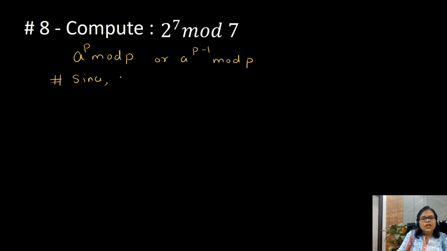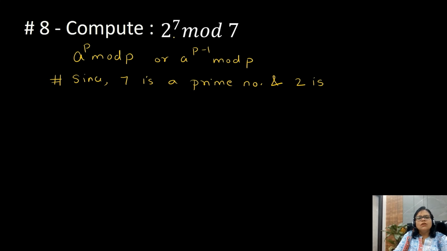Let us now check out these questions. Again, first and foremost, ask yourself, is the given question of the kind A raised to P mod P, or maybe A raised to P minus 1 mod P, so that we can use Fermat's theorem or alternate Fermat's theorem. If the answer is yes, it looks like A raised to P mod P, then you have to check two conditions. Is 7 a prime number? Yes, since 7 is a prime number.